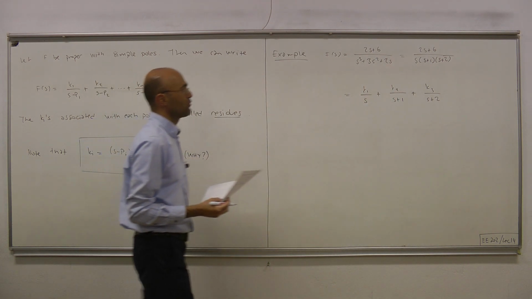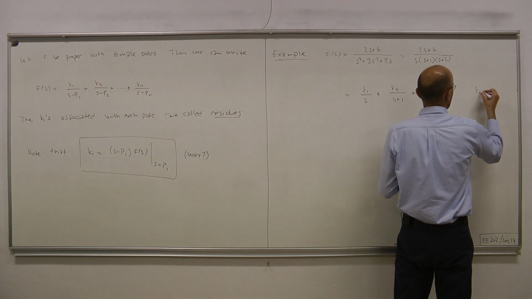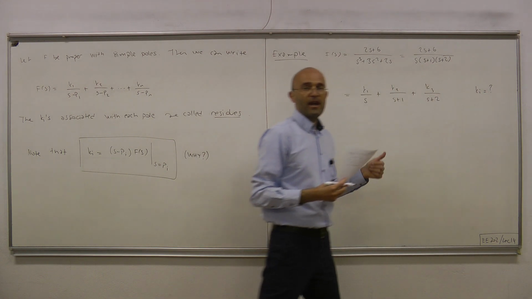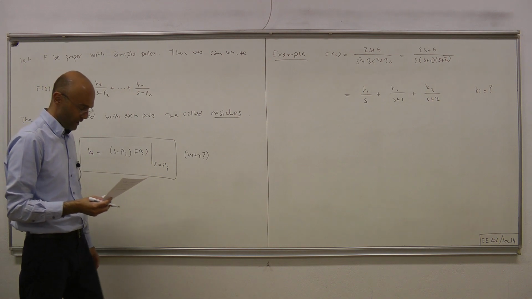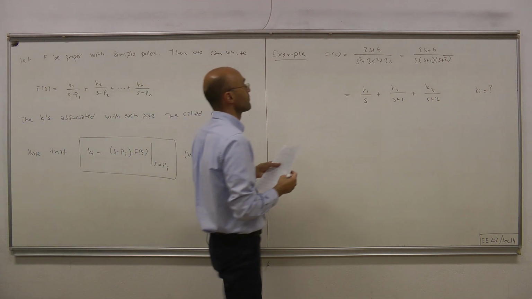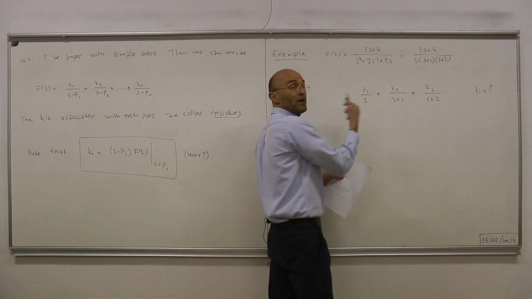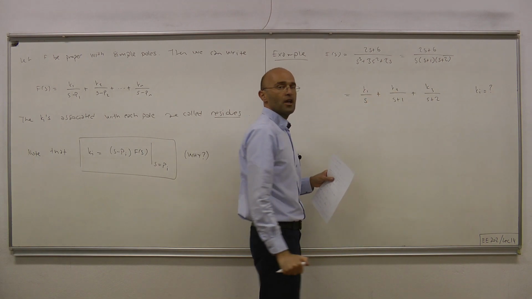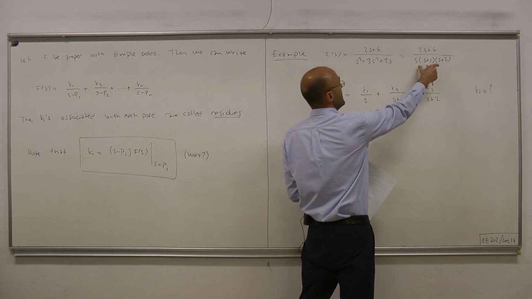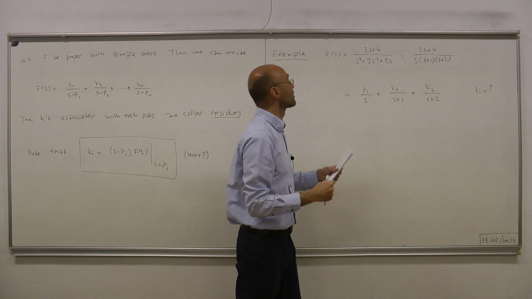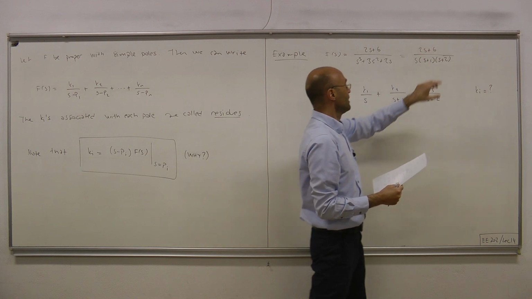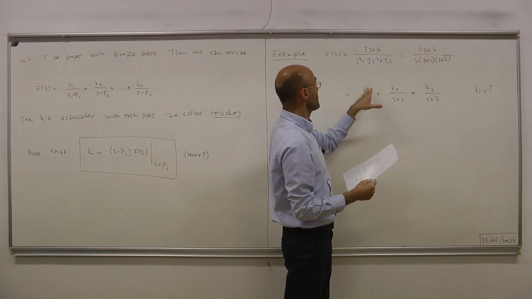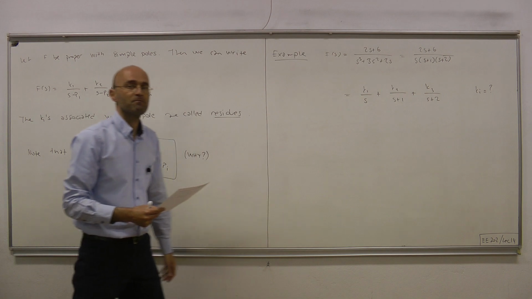Okay, now the question of course is, what are k1, k2 and k3? So what we want to do is figure out k1, k2 and k3. This we know equals that, so all the coefficients are there, but we don't know what k1, k2 and k3 are.